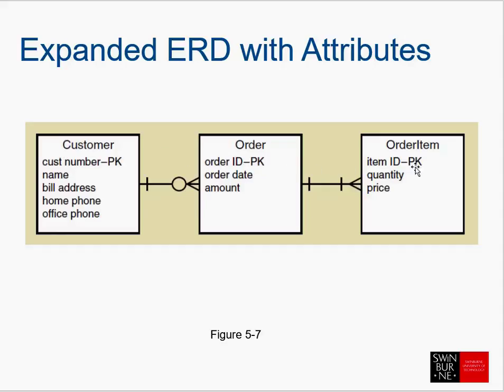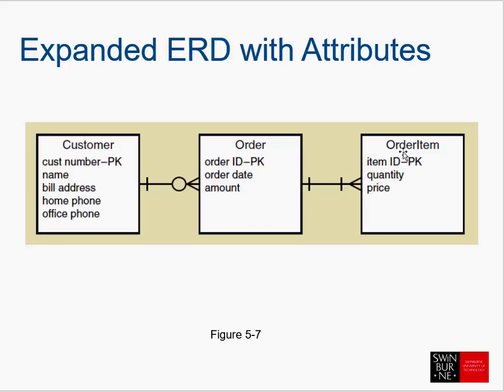Remember that when you're deciding a primary key, it has to be unique, right? So you need to find out what is the unique column related to each of these entities. One customer may have zero or many orders, and one order must contain at least one or many order line items.